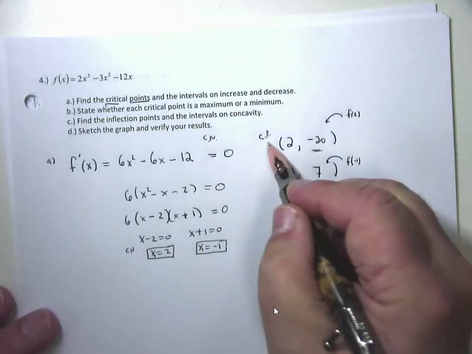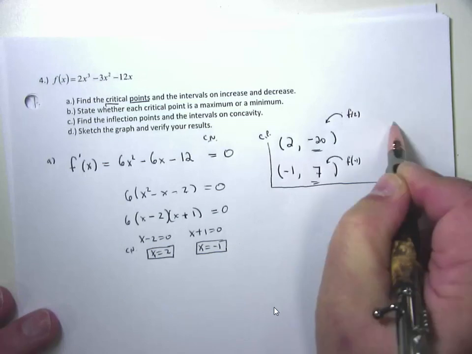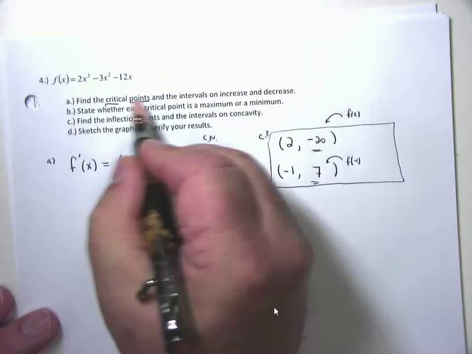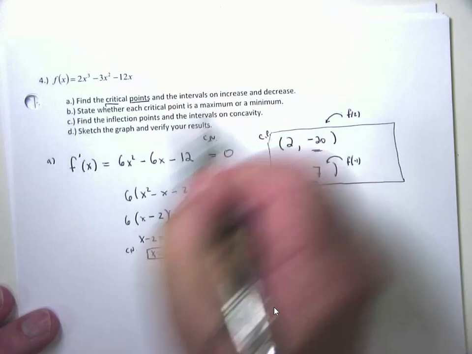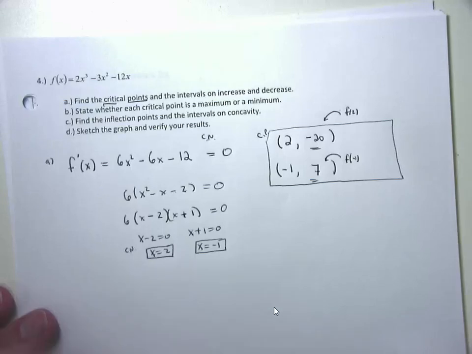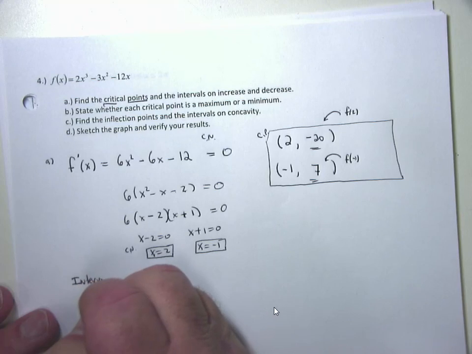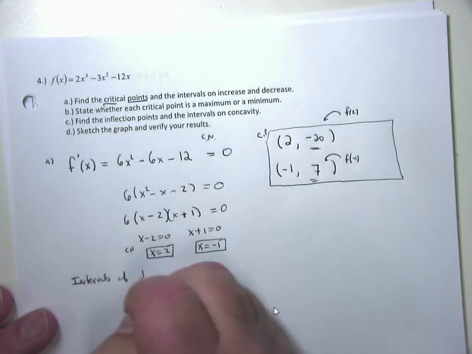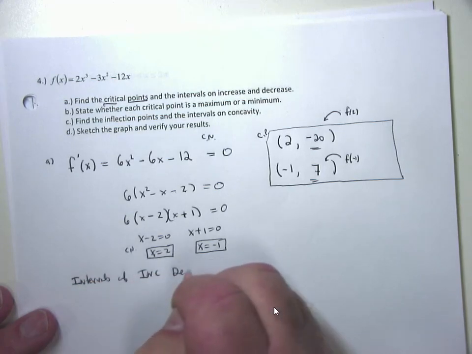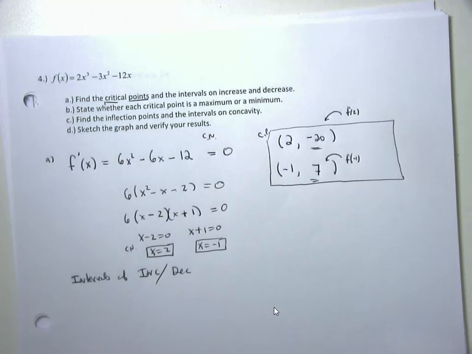That was the first part of my question here. And we're supposed to find intervals of increase and decrease. Anytime in mathematics, calculus especially, you hear the words find the interval, you need to draw a number line.